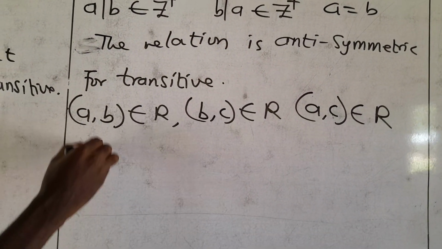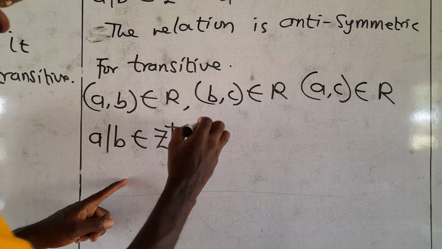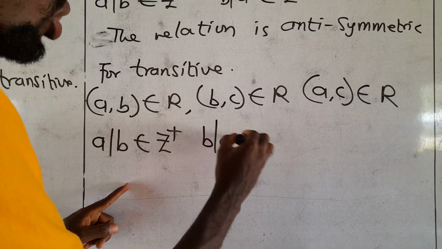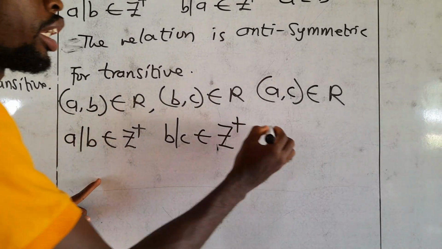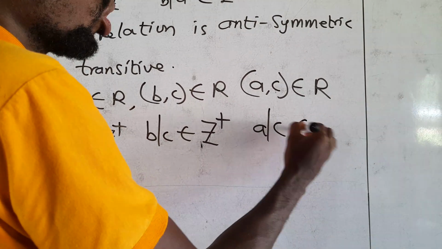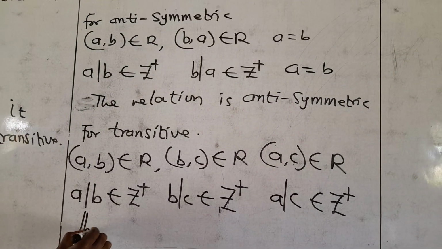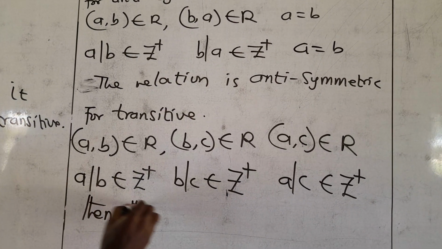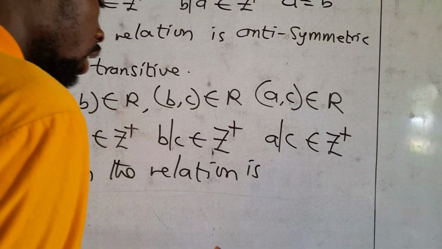It means that if A divides B, it's a positive integer, and B divides C is also a positive integer, then we can conclude that A divides C is also a positive integer, which is very true. Then the relation is transitive.